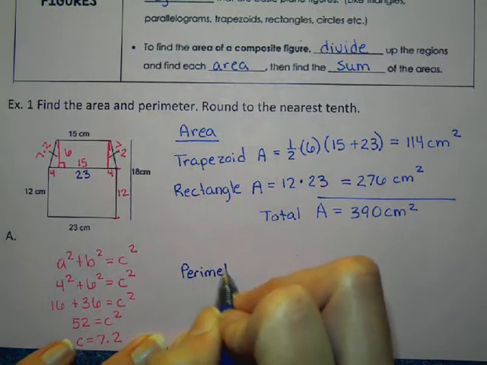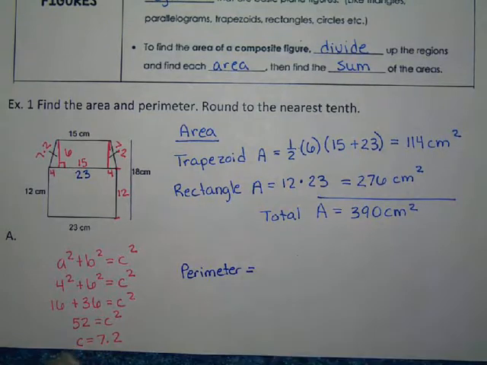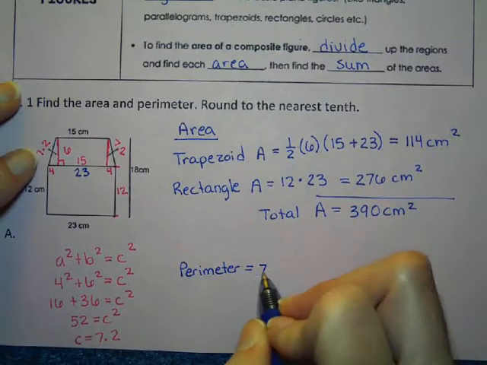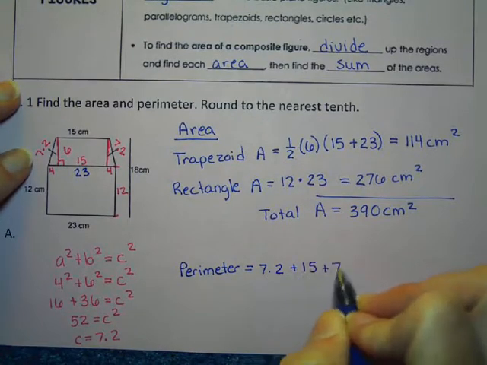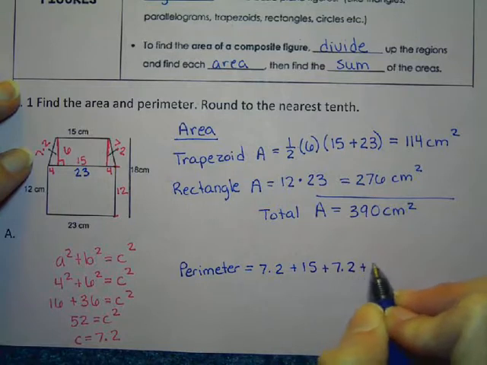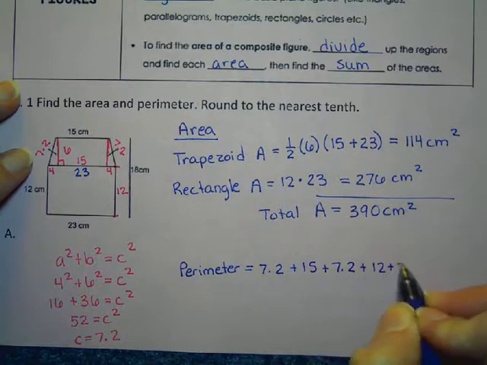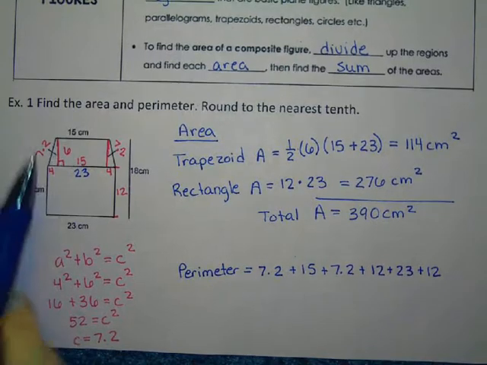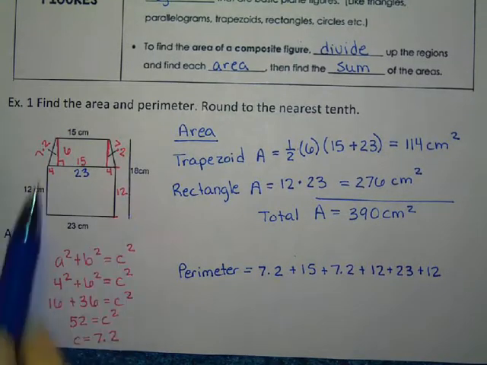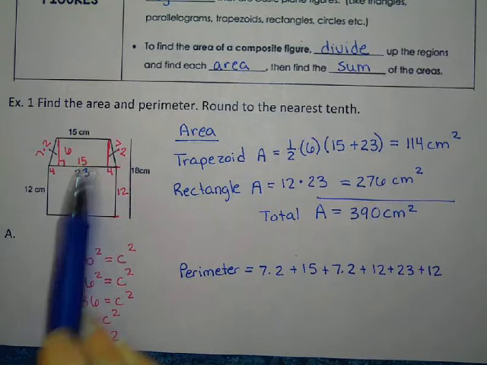Typically I would just add them, but for the sake of your notes I'm going to write it out. We'd have 7.2 plus 15 plus 7.2 plus 12 plus 23 plus 12. You want to make sure you hit every number on the outside of the picture. Don't do anything on the inside, just all around the outside.